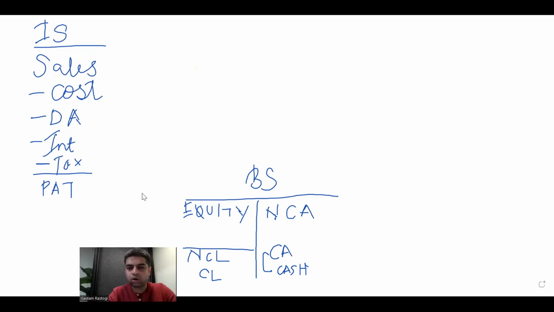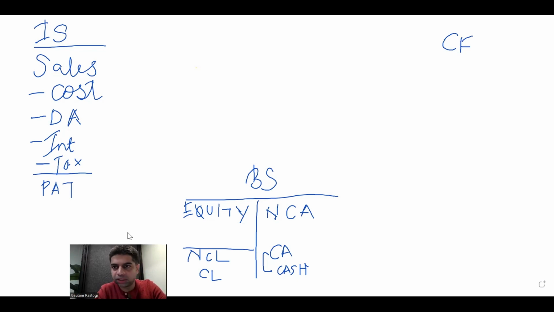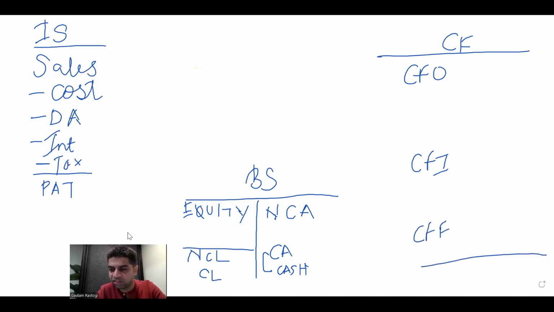Now moving to the left, let's draw a cash flow statement. In the cash flow, you have first your cash flow from operations, your cash flow from investing, and your cash flow from financing. And then you are left with net cash.